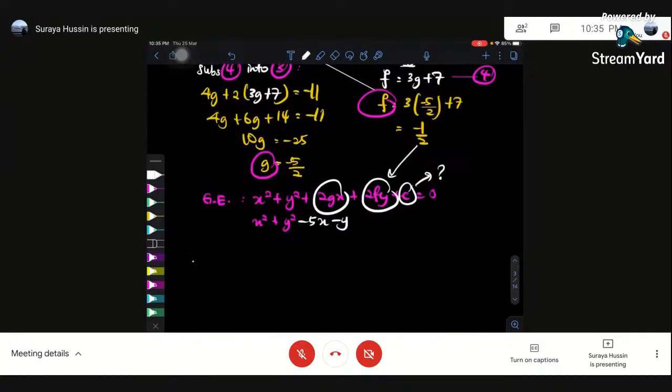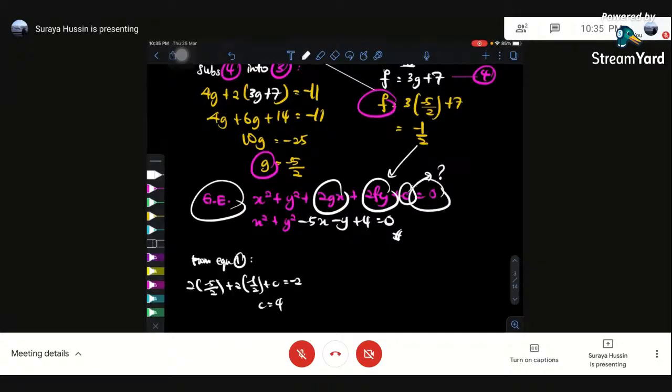Again, so I use from equation 1. From equation 1, masukkan sahaja 2g plus 2f plus c equals to negative 2. Masukkan je lah equation ni dan you akan berjumpa dengan c you nilainya 4. Therefore, 4 nilai untuk c. Don't forget, untuk GE tolonglah tulis sentiasa equal to 0. Mesti ada equal to 0.